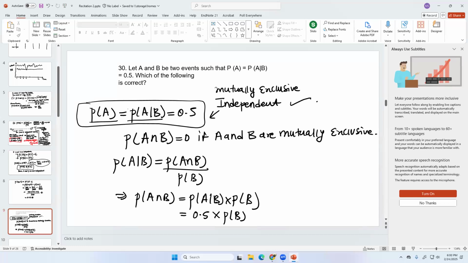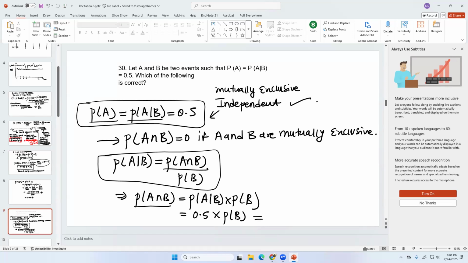Are you guys following what I'm doing? So I'm checking if this is 0 or not. I use this general conditional formula. I moved A intersection B to this side, so the formula changes to this.